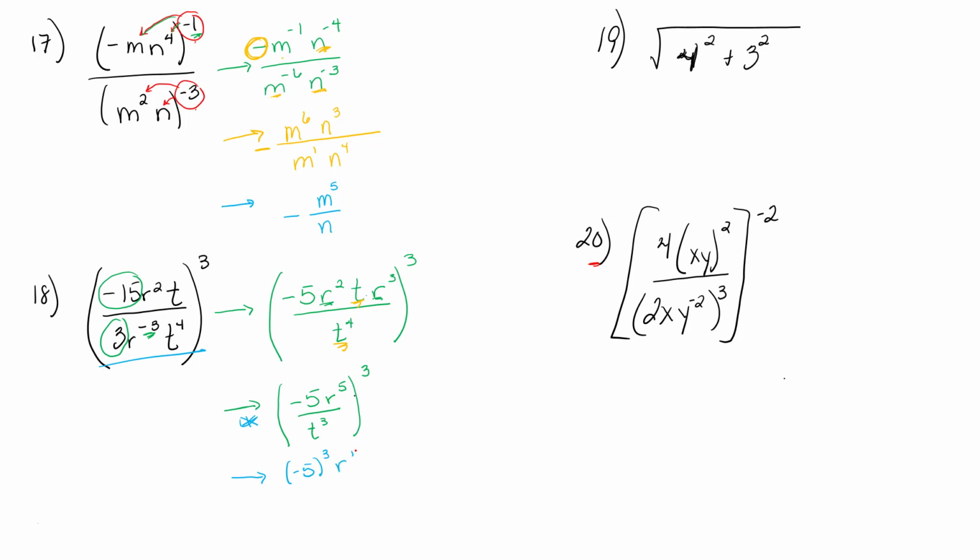R is going to be to the power of 15. T is going to be to the power of 9. And when I write my final answer, I got negative 125 r to the 15 over t to the power of 9. Does that work for you?